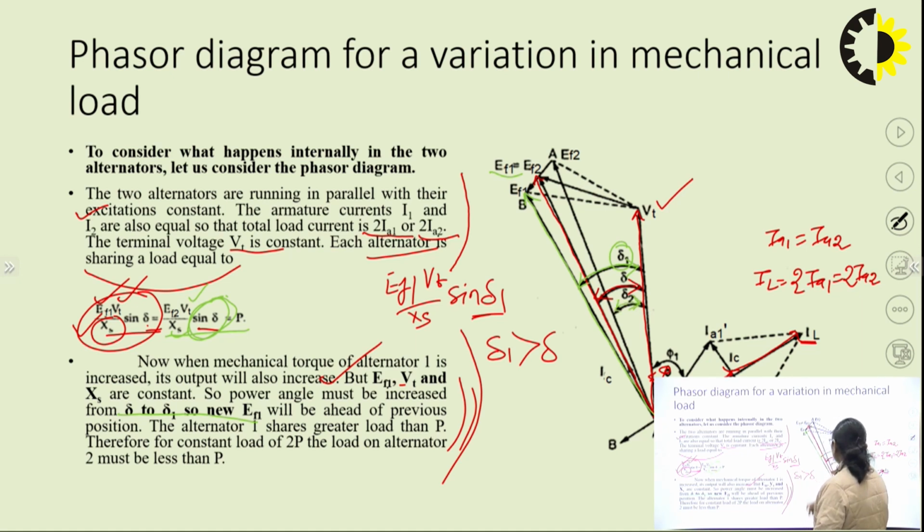Let the new position of the alternator 2 induced EMF EF2 be this. The magnitude will remain the same, but the phase angle with respect to the terminal voltage Vt got reduced to delta 2. So, EMF EF1 is now at an angle of delta 1 and EMF EF2 is now at an angle of delta 2. What happens because of this?